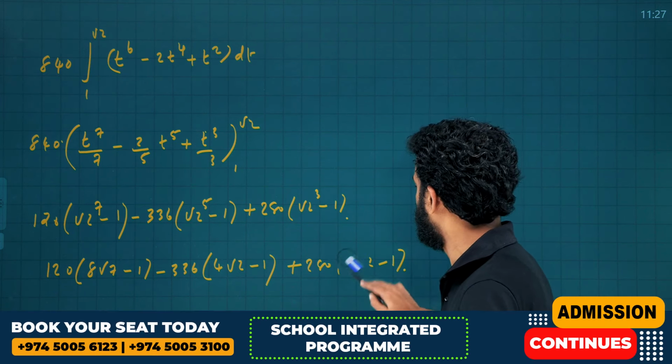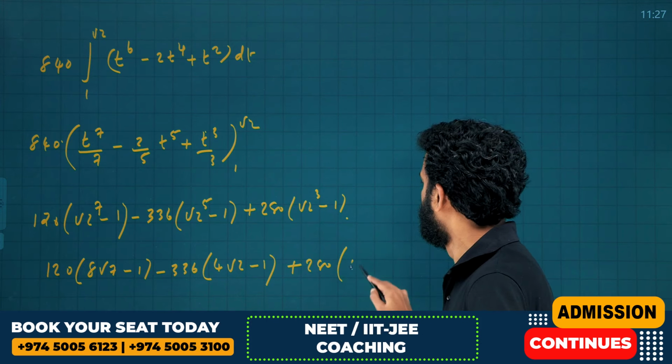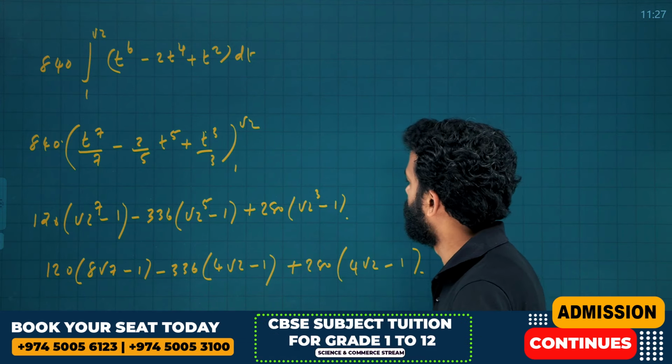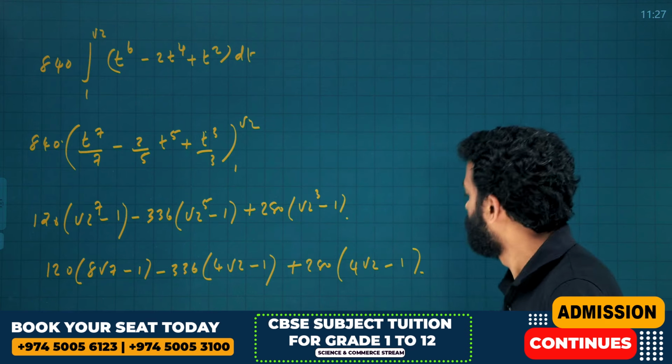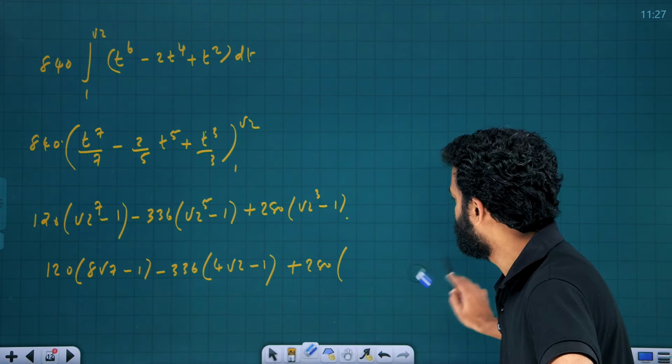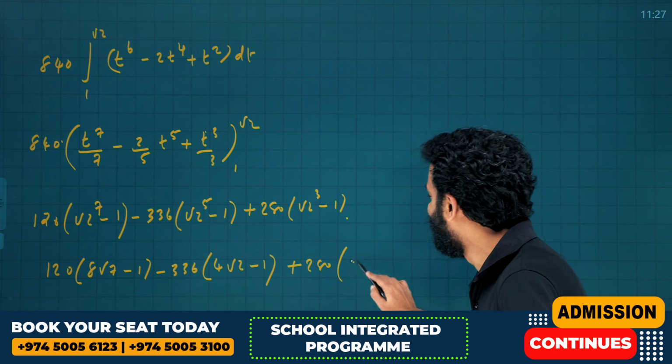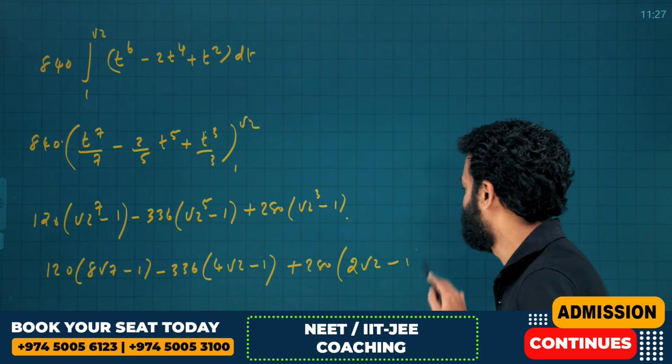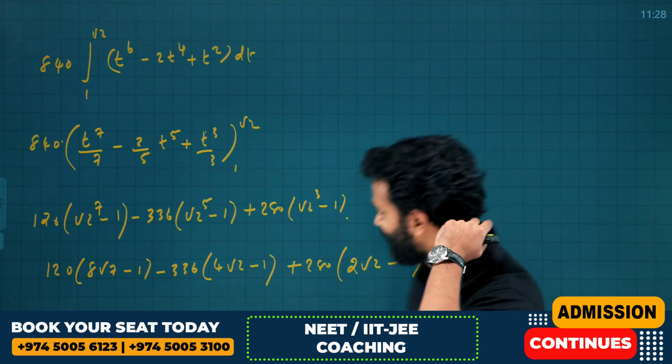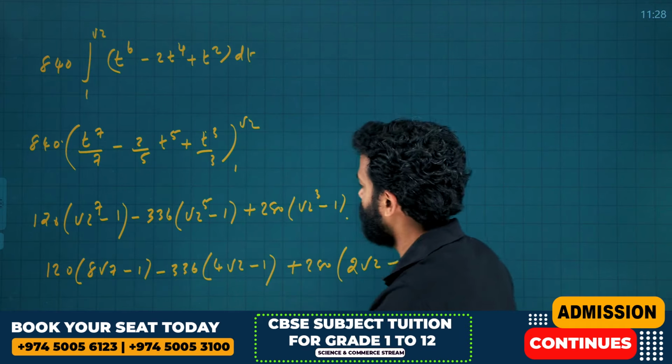Sorry about that, my mistake. It will be like this. So, it will be 120 into 8 root 2, which will be 960 root 2.